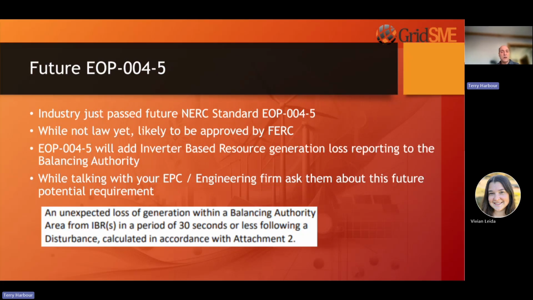So it's not law, but when it is approved by FERC, EOP 4-5 will add what's called an inverter-based resource generation loss reporting requirement that will be made to the balancing authority. So while talking with your EPC or engineering firm, you can ask them about this future potential requirement, and are there synergies with the PRC-028 equipment that I'm already specifying that can help me with this future EOP 4-5 standard.